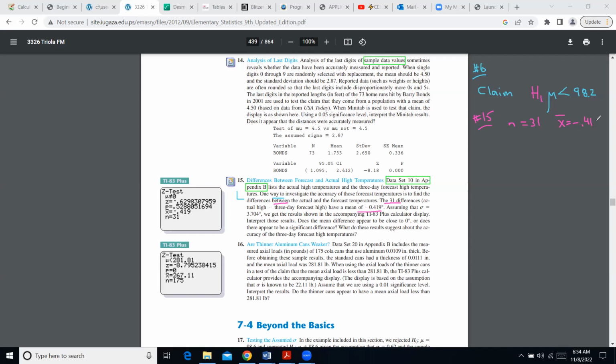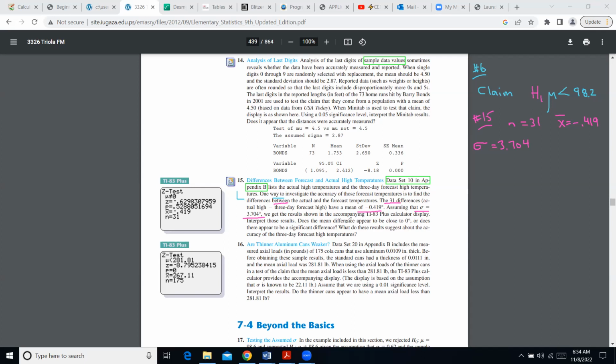That's the mean for this sample, x bar, and a standard deviation, which is 3.704. That's our start here.